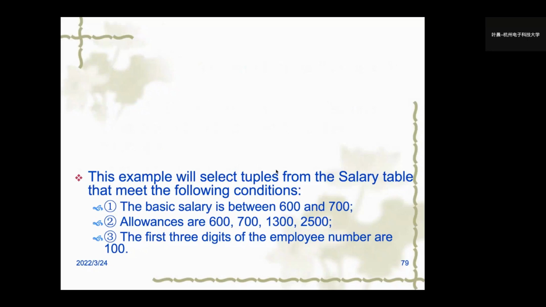And third, the first three digits of the employee number are 100. So if you want to select tuples which satisfy all of these three conditions, you can use the operator AND. So it will look like this.